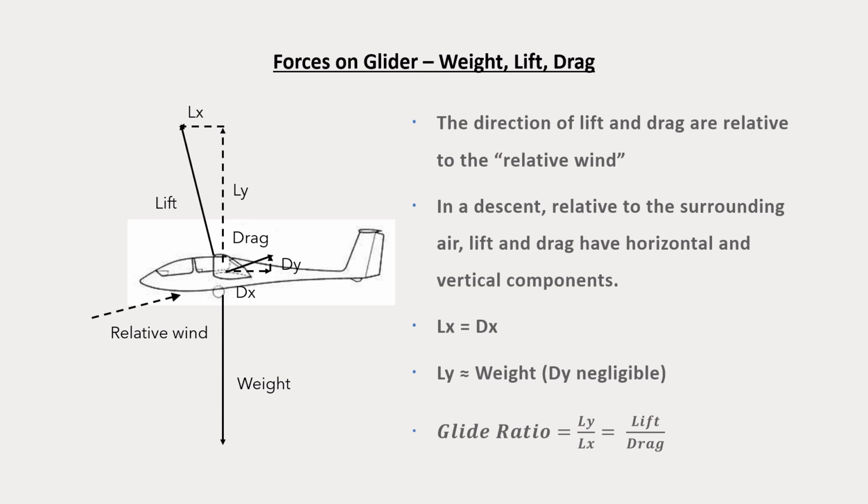You can see that angle is the same as this angle here, and the glide ratio would be equal to the lift, the L sub y over L sub x. It's also equal to the lift over the drag. And that will be an important concept to remember, that the glide ratio is always equal to the ratio of the lift to the drag.